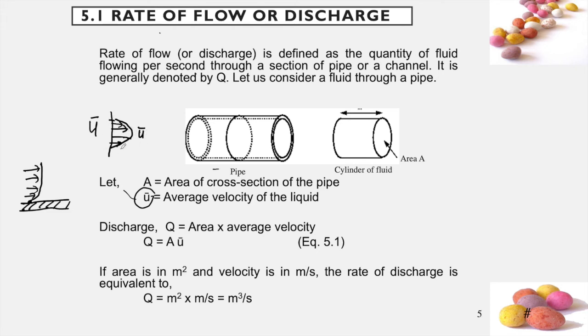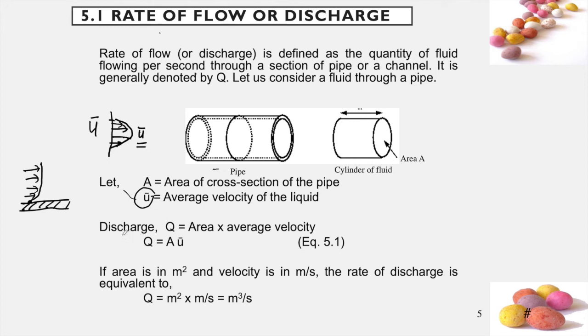The velocity in each layer is summed up and averaged, so it becomes U bar. You will see U bar many times after this, because in the pipe we take the average velocity.